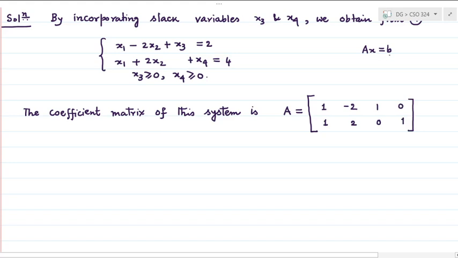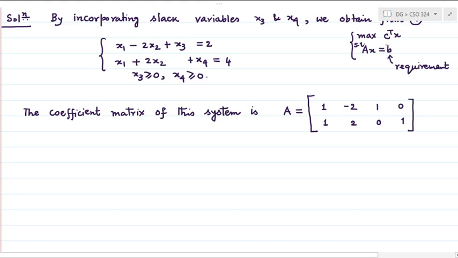And this b is called the requirement vector, as when you put Ax equals b as the constraint of your linear programming problem. If I am writing a linear programming problem in the following manner, maximize C transpose x subject to Ax equals b, then this restriction Ax equals b is thought of as if you are trying to meet the requirement. b is your requirement, and you want to meet that requirement.